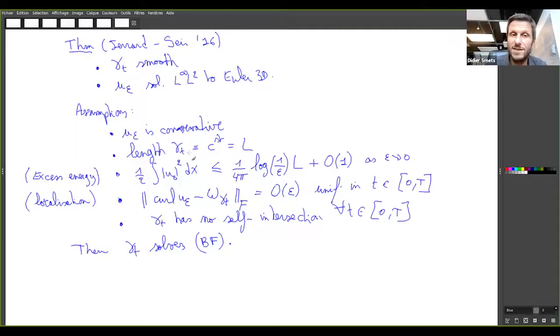It's not completely obvious that it should hold for limits of solutions of Euler. Actually, in the physics literature, some people claim that the length of the filament should grow, but it's not clear if the time scale at which such a phenomenon should appear would be seen in this asymptotic. So I consider it a very reasonable assumption.